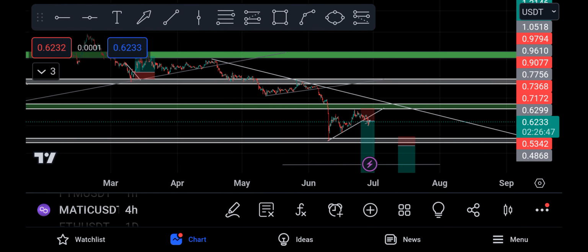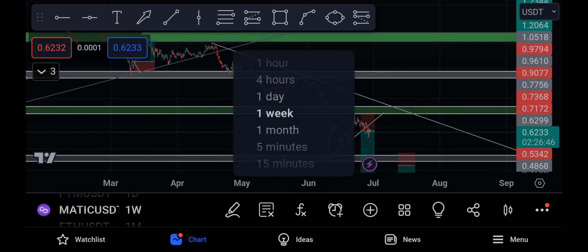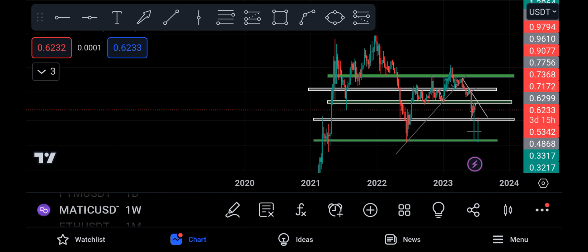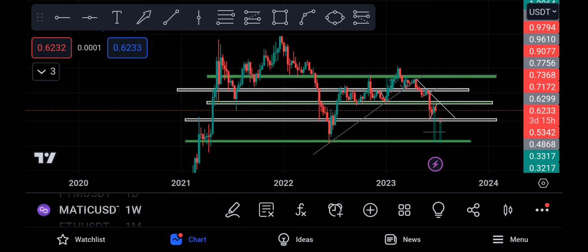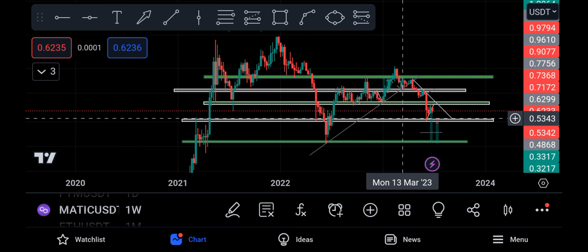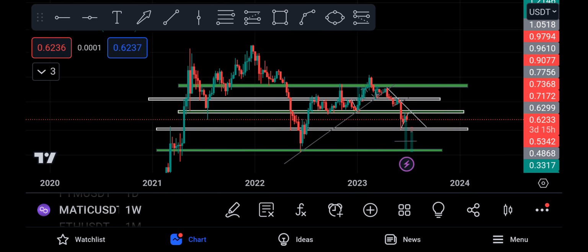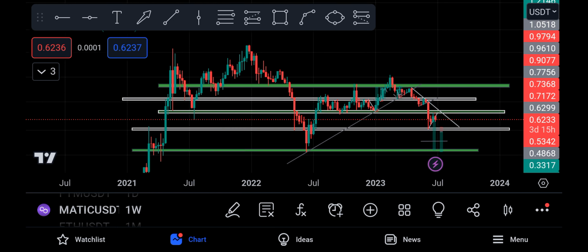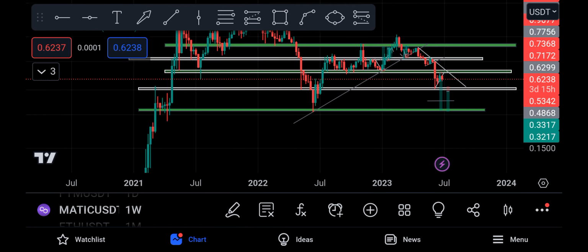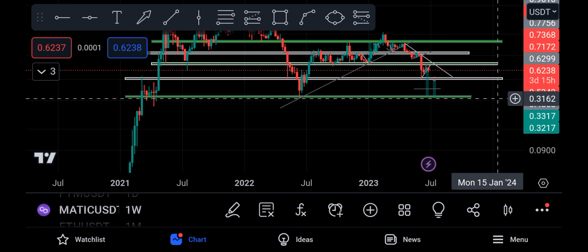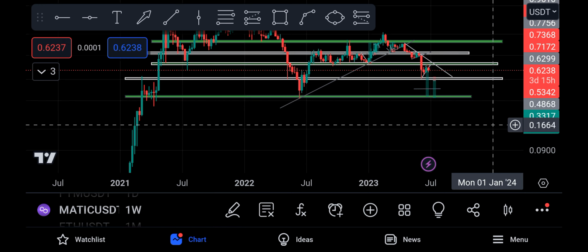Matic has been in a consistent downtrend since around 13th March. So that is my projection for the market generally. It can break and continue going down, but if it breaks down here, then we look for other entries.